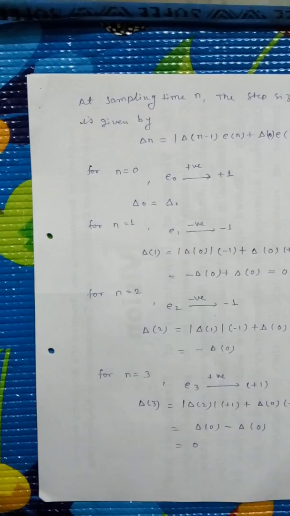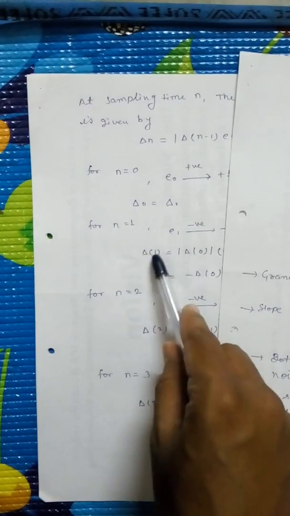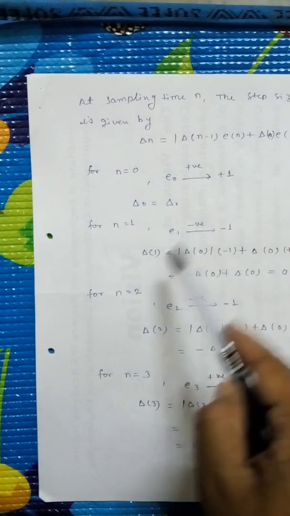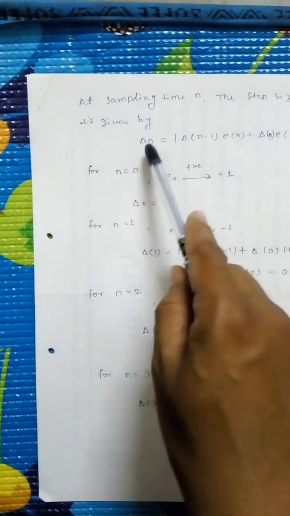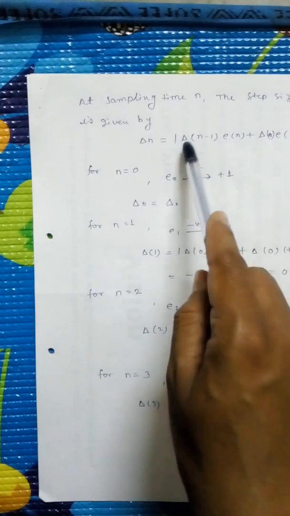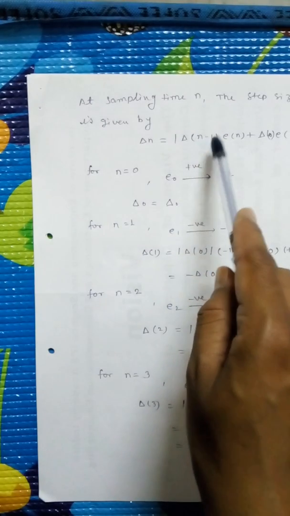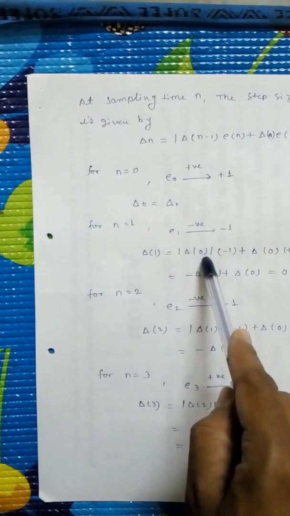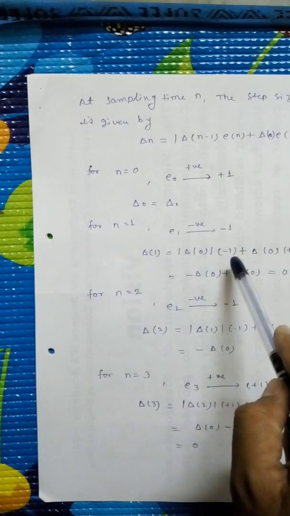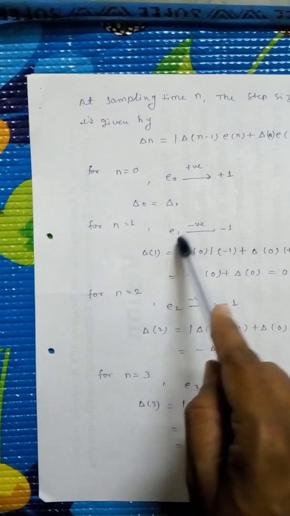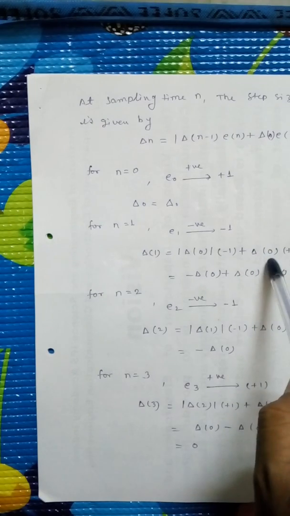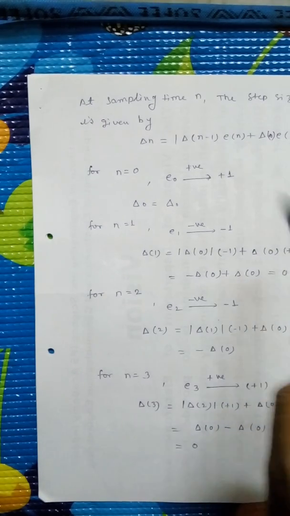Then at that instant, for the step size delta 1, we use the formula to calculate delta n. So delta 1 is equal to delta n minus 1 plus en, where en is our present error. The present error is minus 1 plus delta 0, where the value of delta 0 we have already calculated.